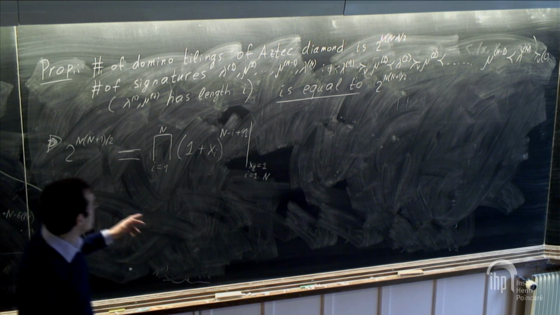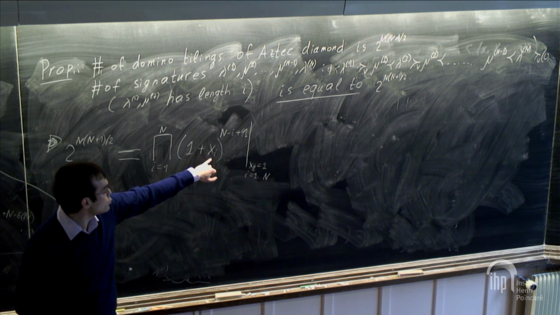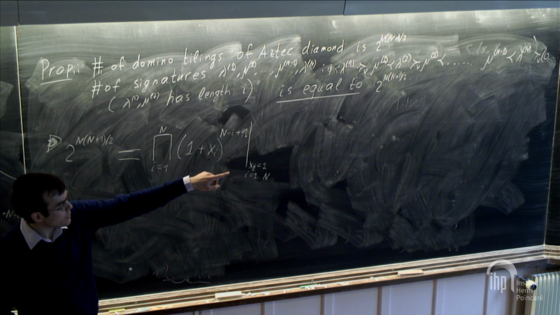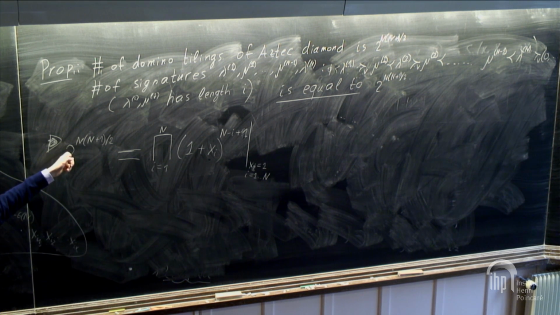And then I plug in all xi equal to 1. So this is just 2 raised to the power n, then n minus 1, etc., down to 1. So the sum is exactly n times n plus 1 over 2. These are correct equalities for now.